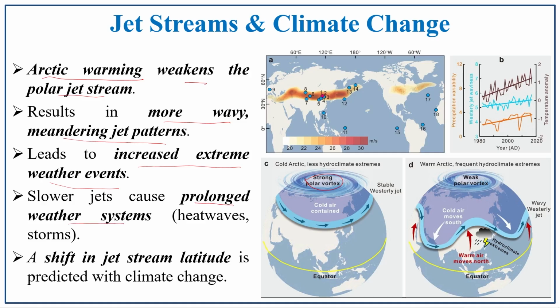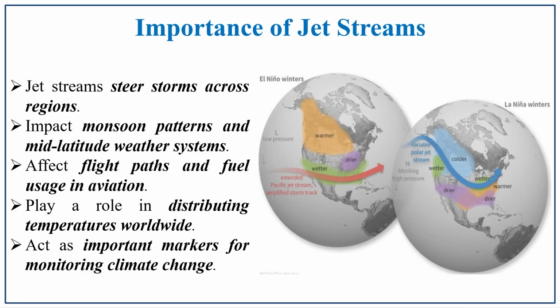Slower jets cause prolonged weather systems, that is, heat waves and storms, and a shift in the jet stream's latitudes is predicted with climate change. So climate change and the jet stream highly influence each other. If there is any change in the jet stream, it adversely affects or influences the climate change.